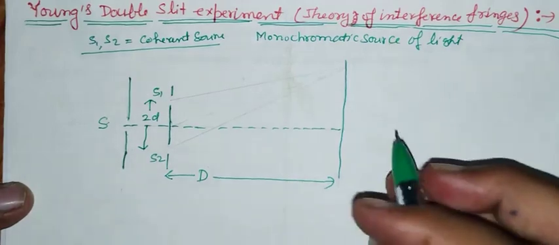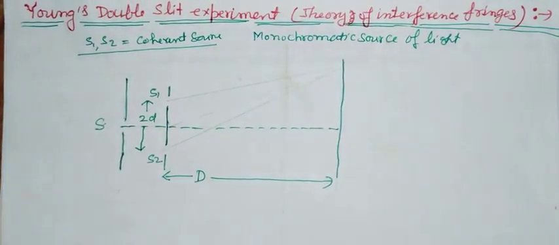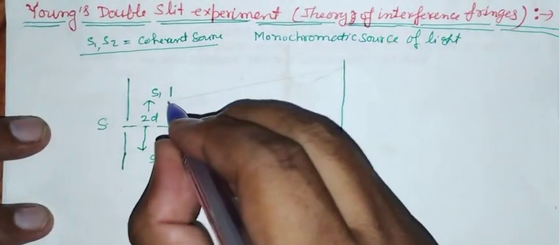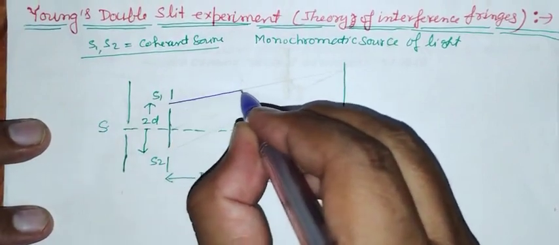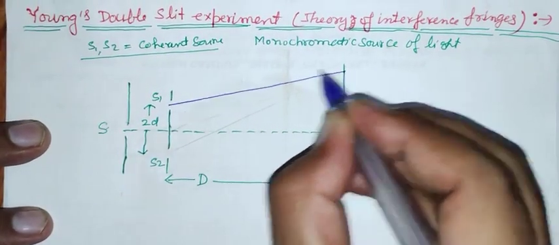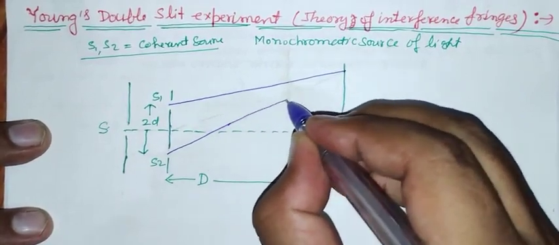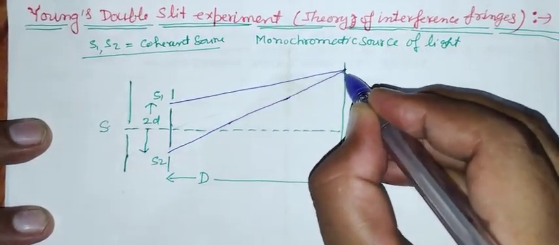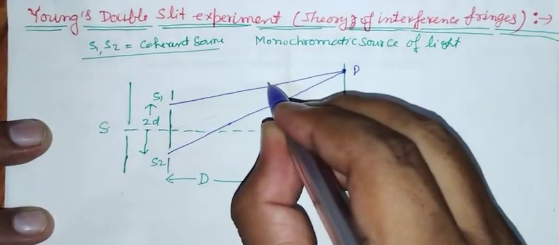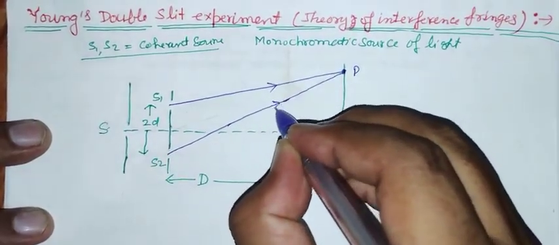Now, from the sources, two waves meet at point P, S1P and S2P.